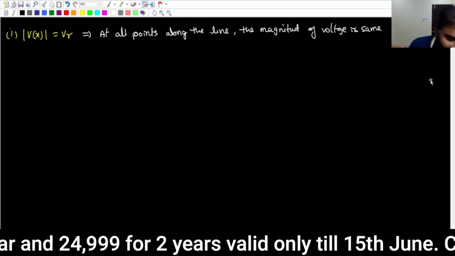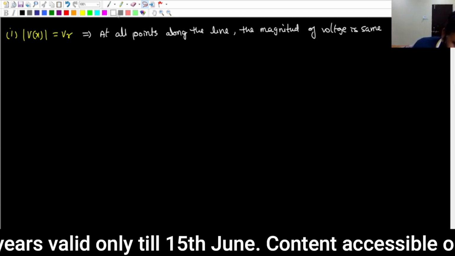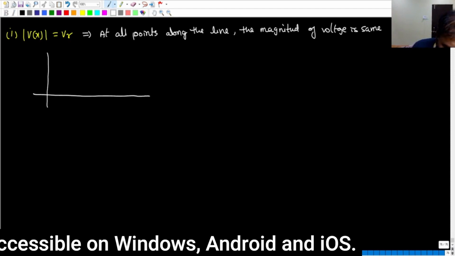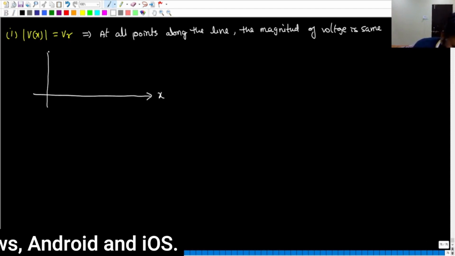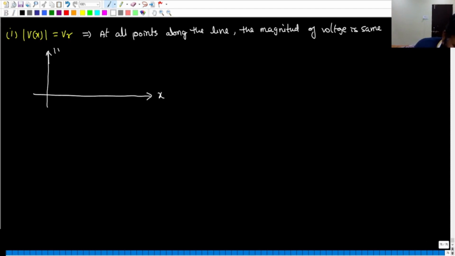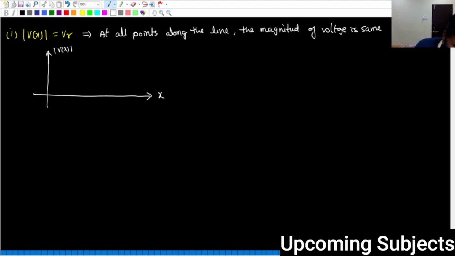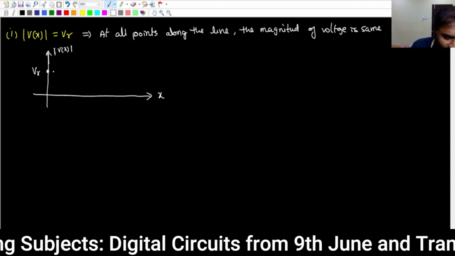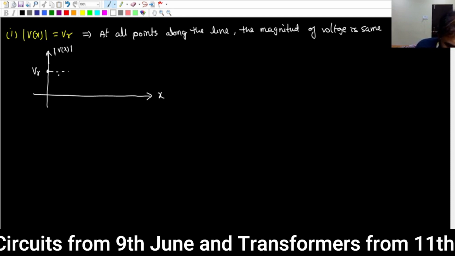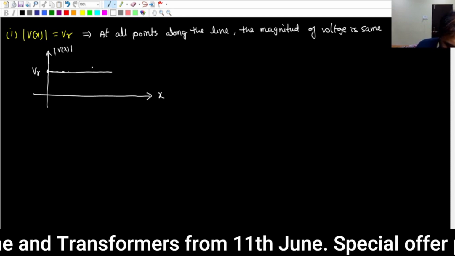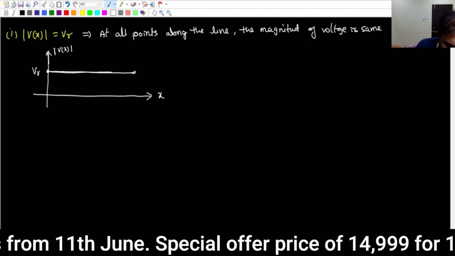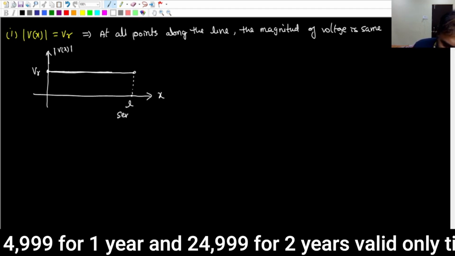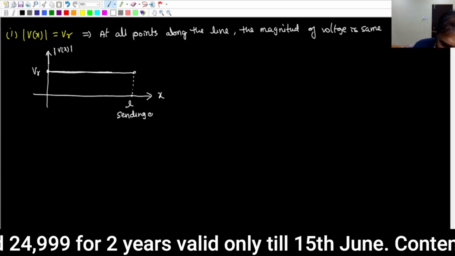But before that, I can draw some characteristics here. If I plot x versus magnitude of V of x, x equal to 0 means you are at the receiving end. If you are traveling from receiving end to sending end, maybe this is x equal to L, this is nothing but the sending end.